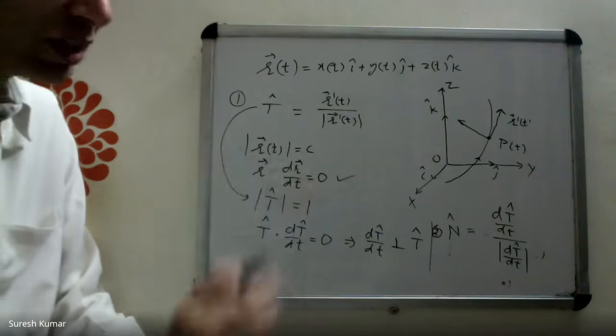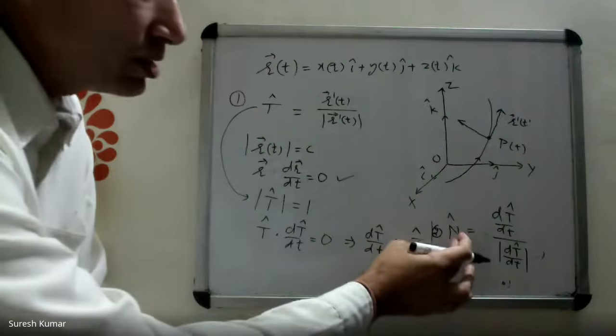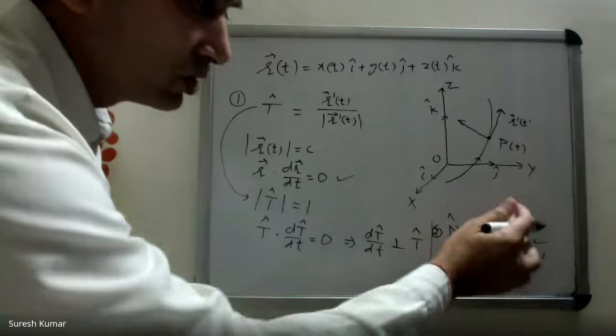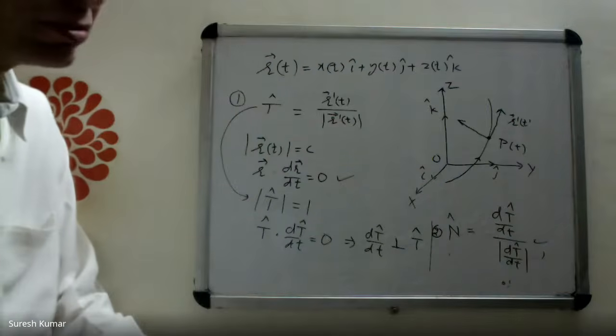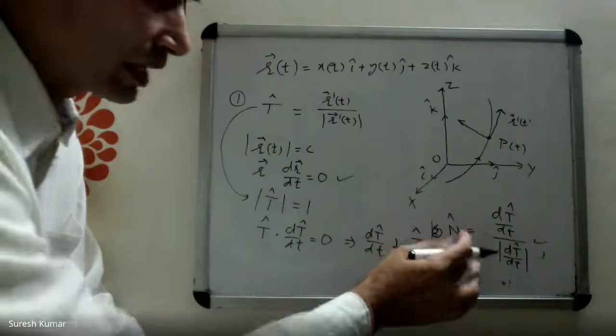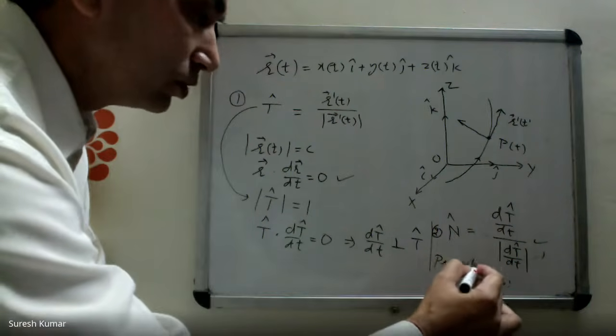Here I would like to tell you two important points. First is that this vector is unique from this formula, because dT cap over dt is the derivative of T cap, so it is the limit, and a limit turns out unique. So it is a unique vector. That's why we call it by a special name, principal unit normal vector.